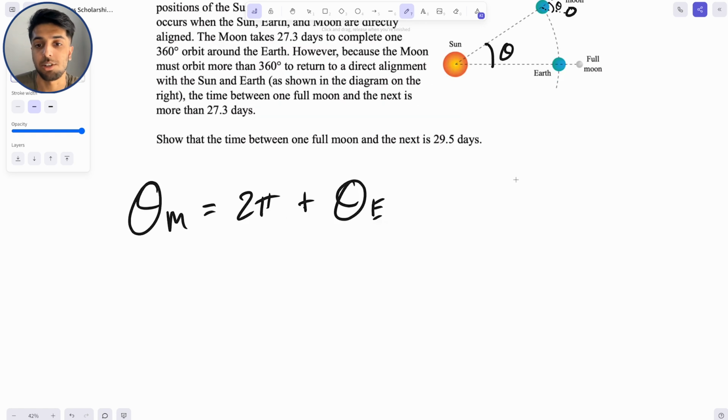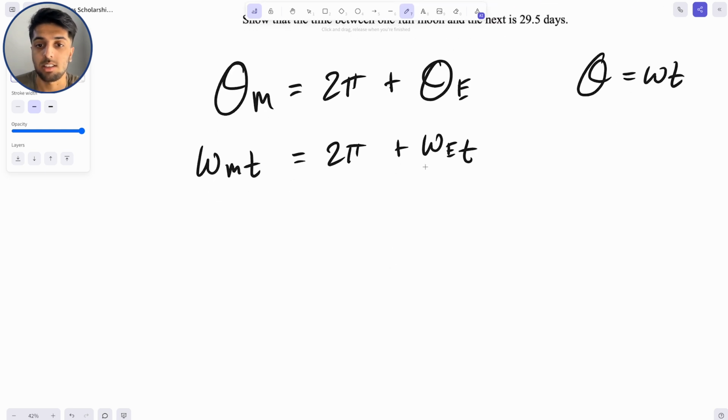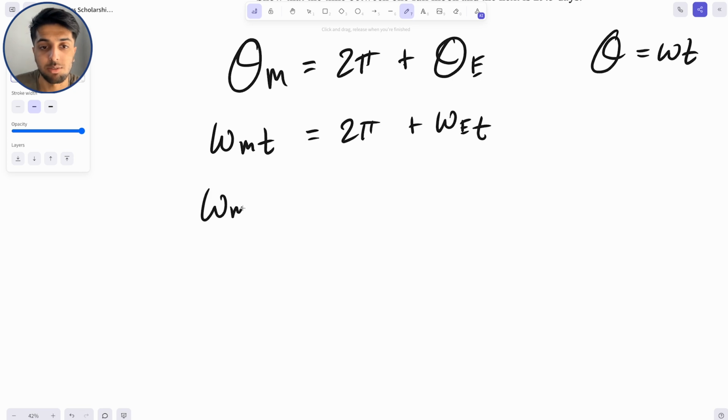which we can call theta e. Now we know that theta is angular velocity times time, so we can say that the angular velocity of the moon times time is equal to 2 pi plus angular velocity of the Earth times time. Collecting like terms by moving this on the other side, we get omega m t minus omega e t is equal to 2 pi.